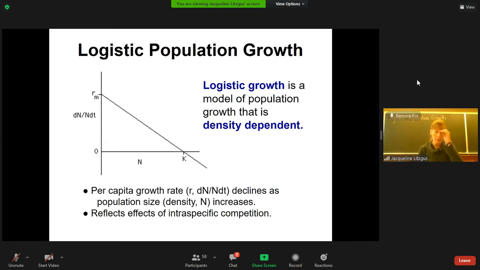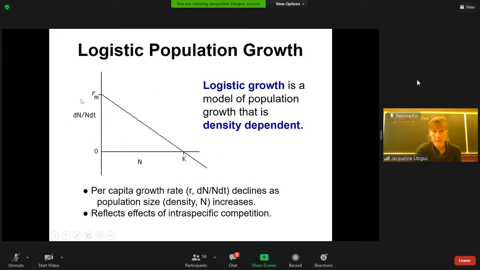And so logistic population growth is a model of population growth that we call density dependent. The per capita growth rate, that little r value, or the other way to look at little r, is dN over N dt. That per capita growth rate is going to decline. It's going to get lower as population size or density increases.